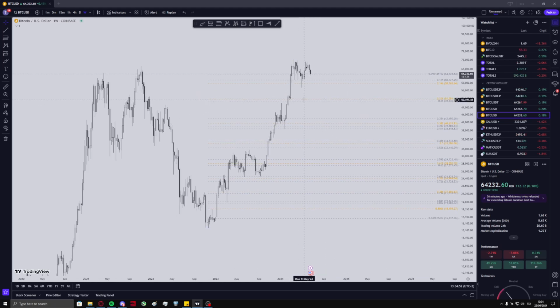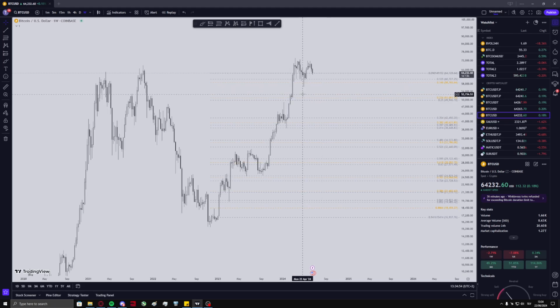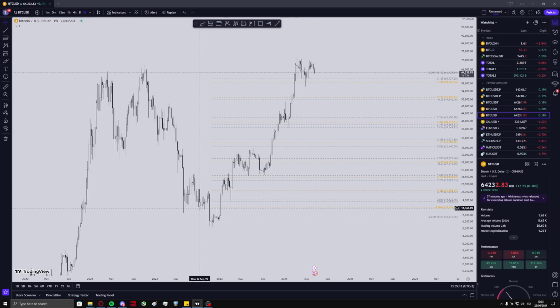It might just get blasted through, and this is where you want to use other tools and or other fib applications that I'm going to show you later to get a more confluent area than just a single fib level, right? Because that's really useless. You're pretty much gambling on a bounce, so you don't want to do that. You want to have more confluence.